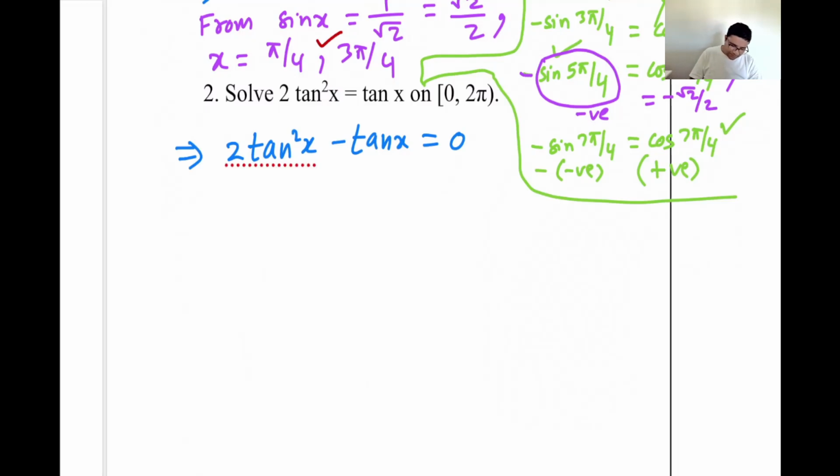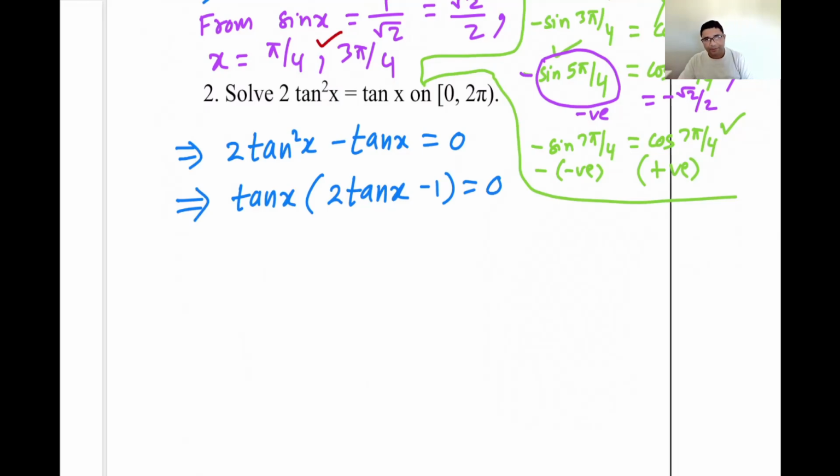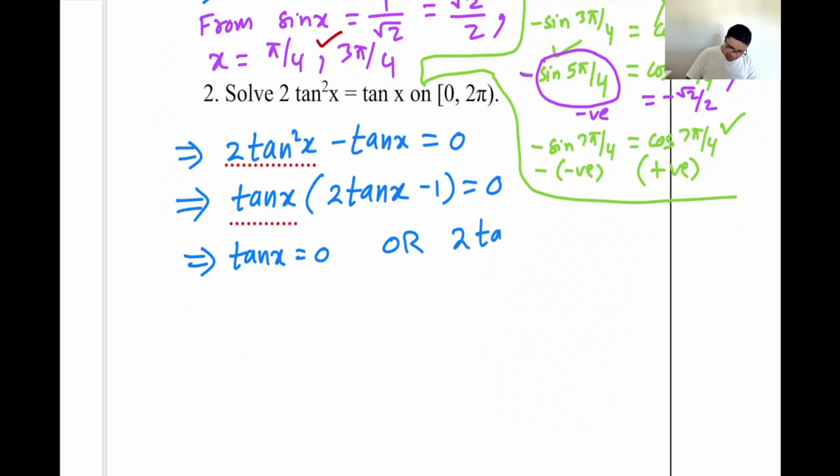In the bullet points that we read earlier, one of the strategies was factorize if possible, right? So clearly you can factorize this equation, and you get two equations now. Tan x equals 0 or 2 tan x minus 1 equals 0.